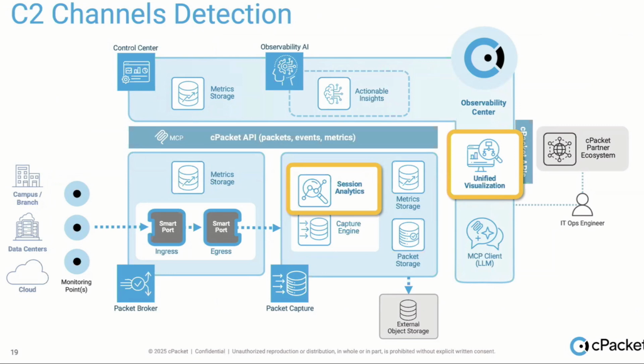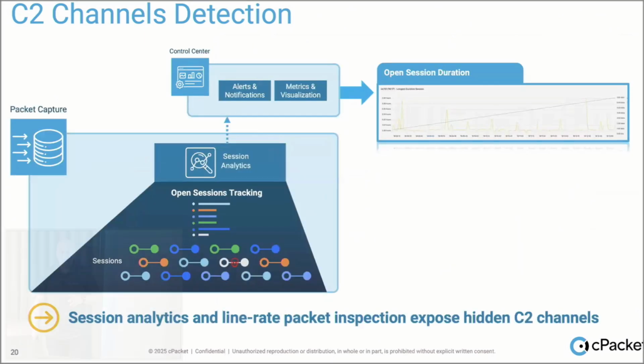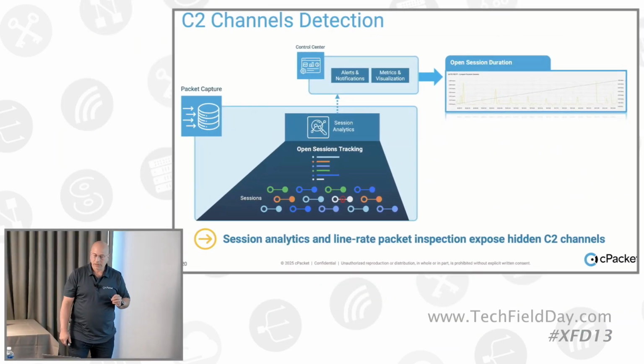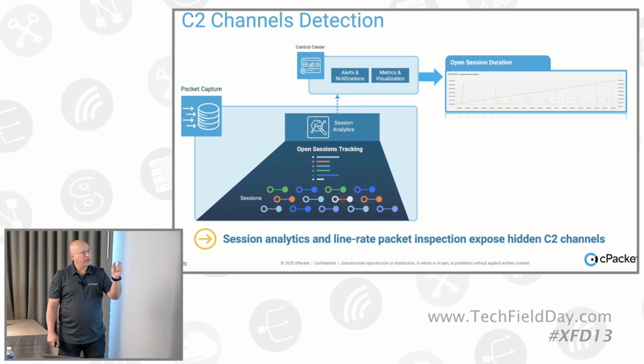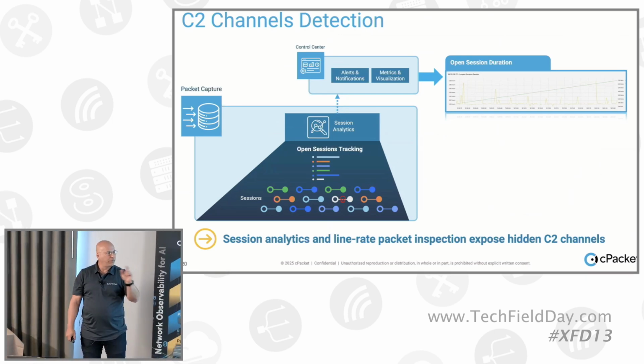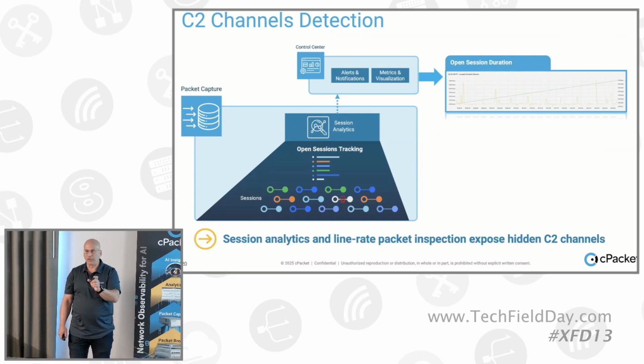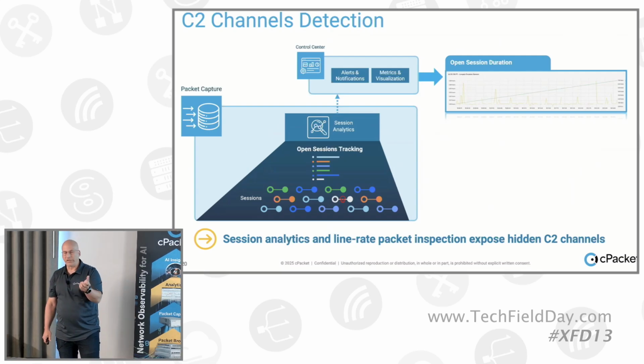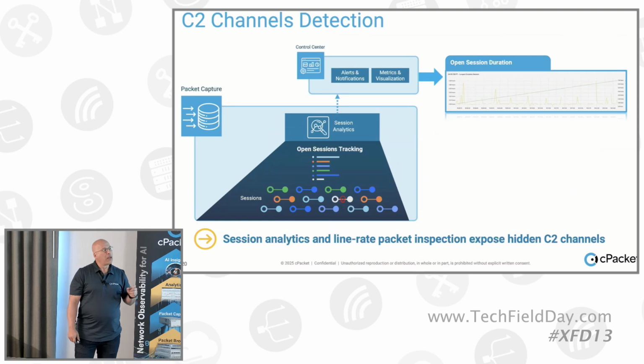This is where we move from the packet broker to the packet capture. The scale we're talking about there is the ability to keep track of millions of open sessions. Many of the network observability solutions, like NetFlow, will tell you how many bytes and packets each flow sent in every given amount of time, whether it's 1 second or 5 minutes.